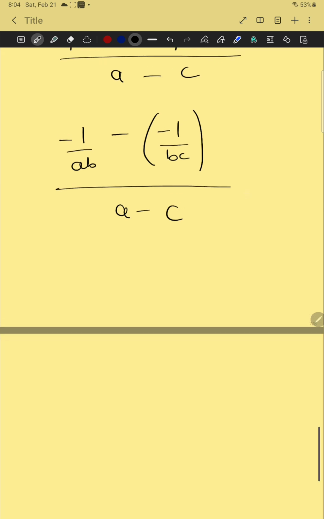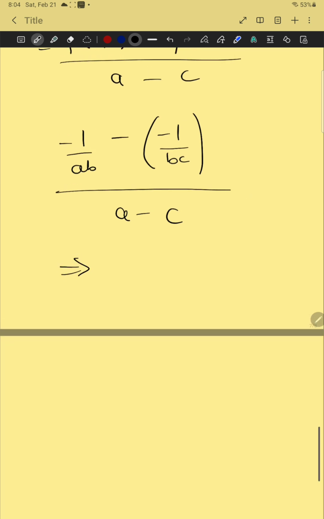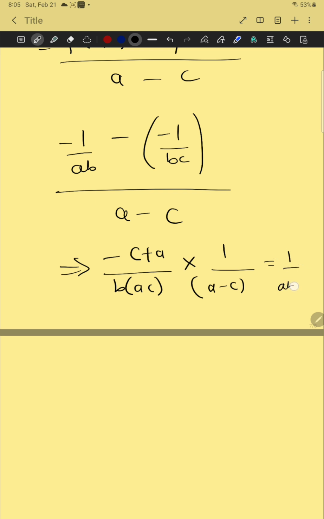Is that okay? So if you do your normal arithmetic here, you're going to have minus c plus a over b into bracket ac, and then you're going to have 1 over a minus c, multiplied by, yeah, you're going to have 1 over abc. Glory to God. That's a good one. Excellent.